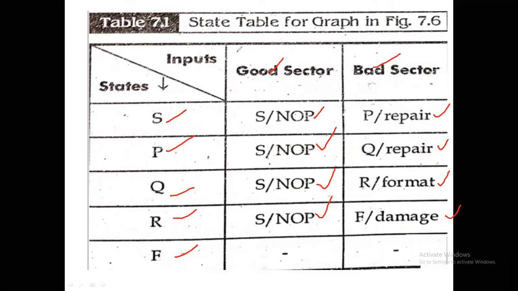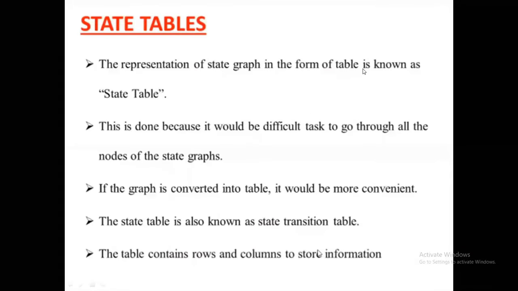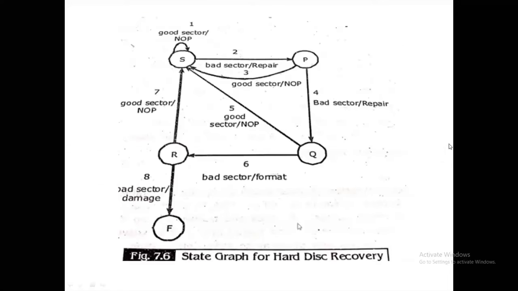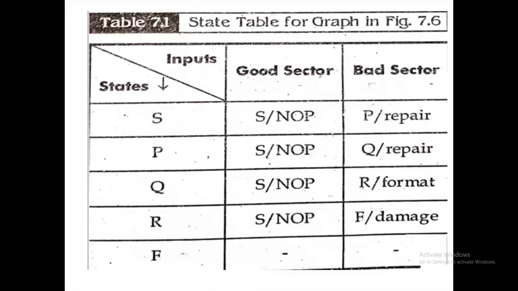So this is how we can convert a state graph into a state table. When you look at the diagram, it is a difficult task to go through all the nodes of the state graph. But if you convert this state graph into a table, then it is easy to know the states and the outputs of that state.